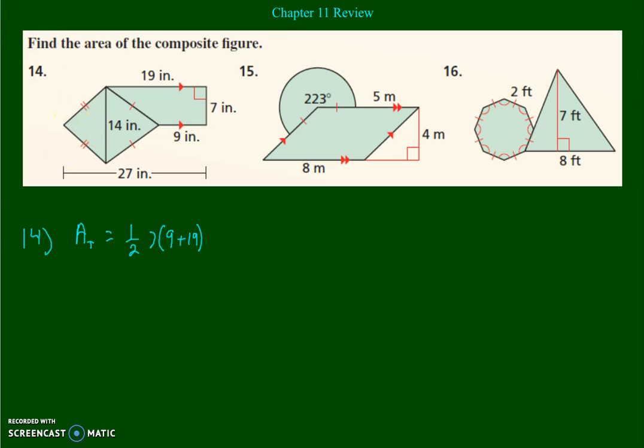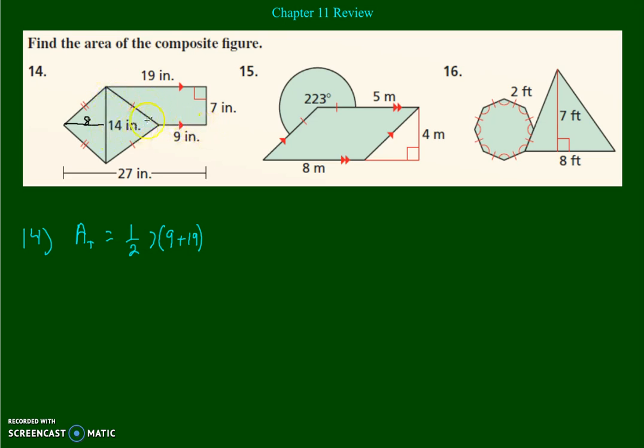So let's go ahead and write that in. So this piece here, from here to here, is 8. And now we need to find this piece. So to find that, we have 19 and 9.